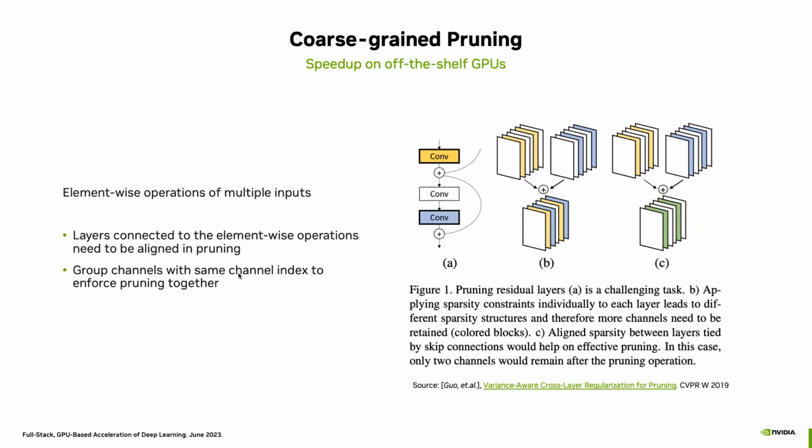For example, we can make sure that the channels with the same index from different layers are grouped together and pruned together. Otherwise, as I showed in the middle figure here, some of the layers after the element-wise operation might still be active, which might not be the case that we wanted to have.